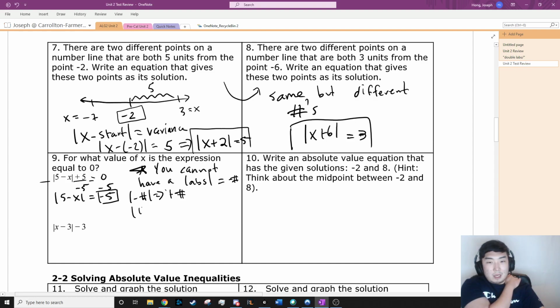And I said that the absolute value of a positive number turns into the same thing, the positive version of the number. So what this is trying to say is that it cannot turn out negative. So in the end, really, this is no solution.